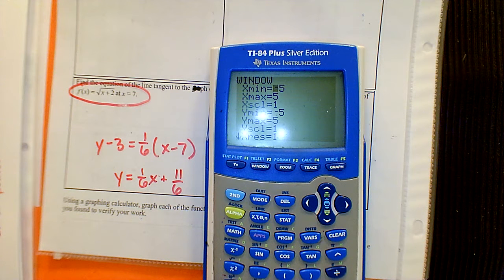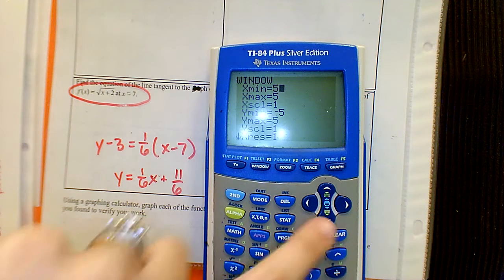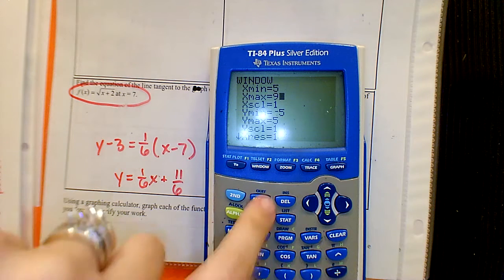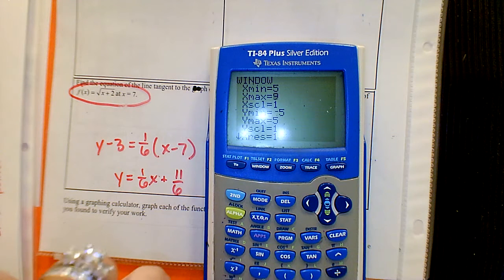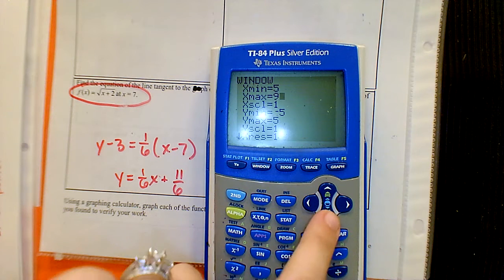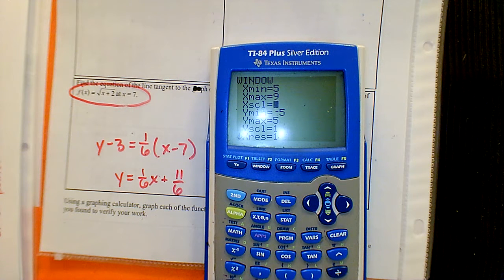It could be anything as long as 7 is in between them. Do you want to use 5 and 9? 5 and 8? Whatever. We'll do 5 and 9, and maybe we'll count by ones.